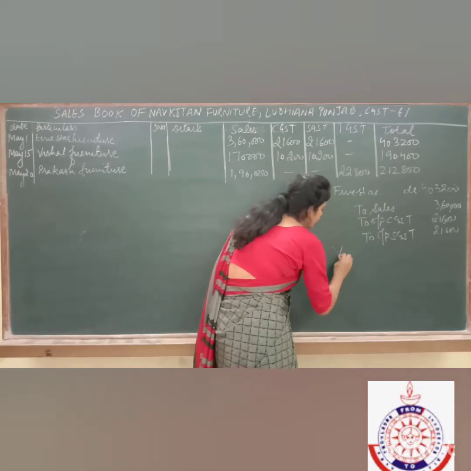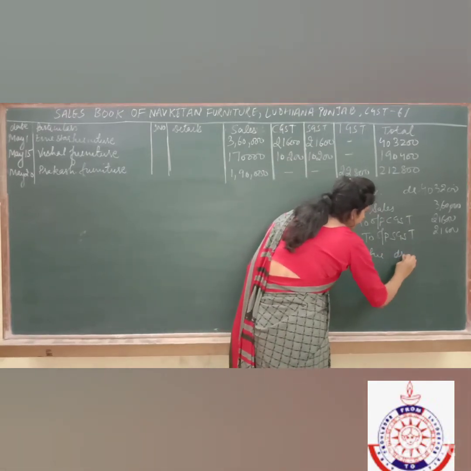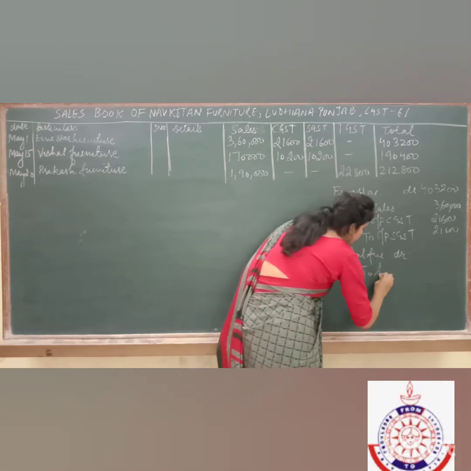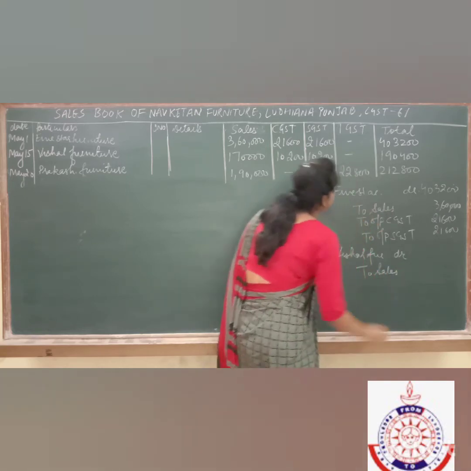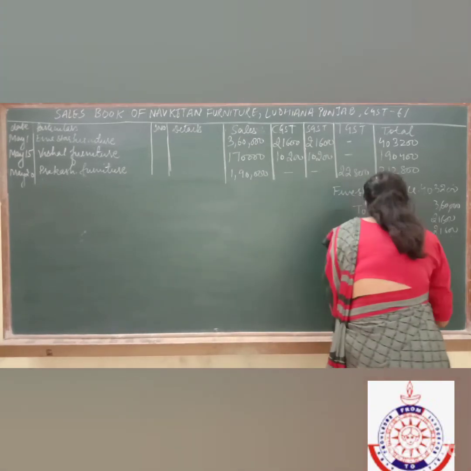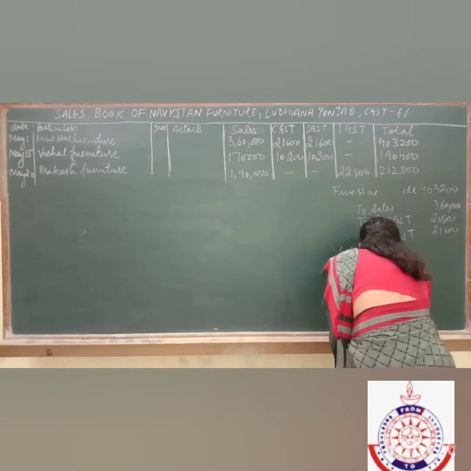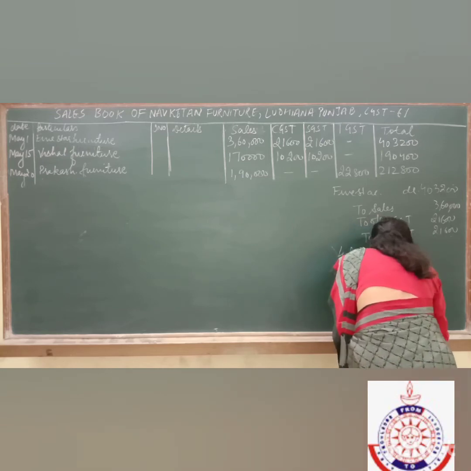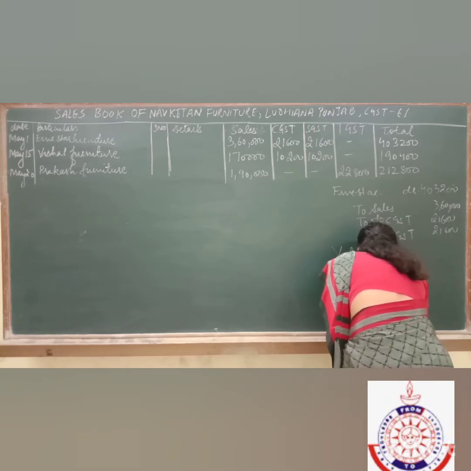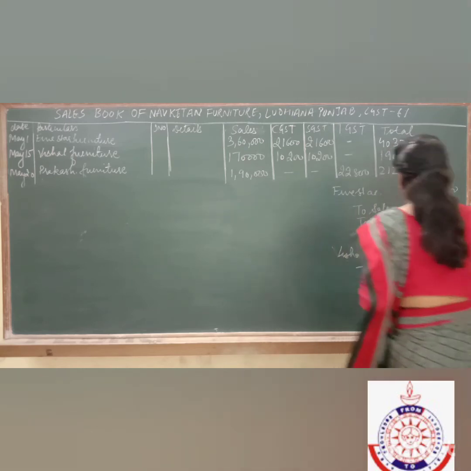Same way, pass the entry for Vishal Furniture. Vishal Furniture will be debited to sales, to output CGST, to output SGST.